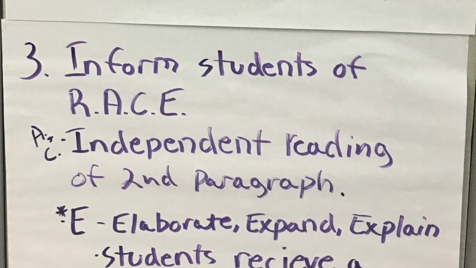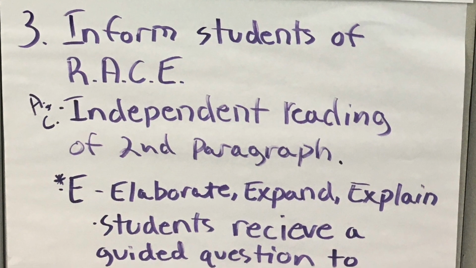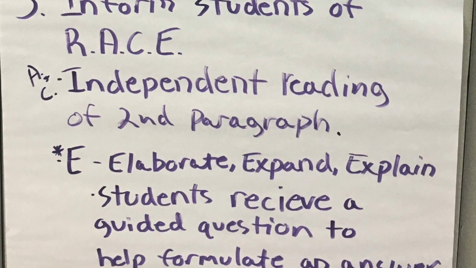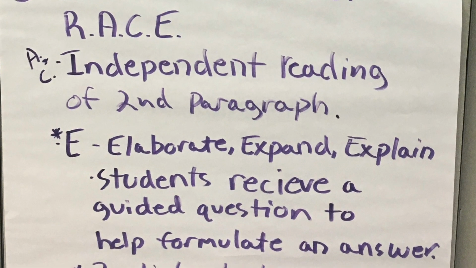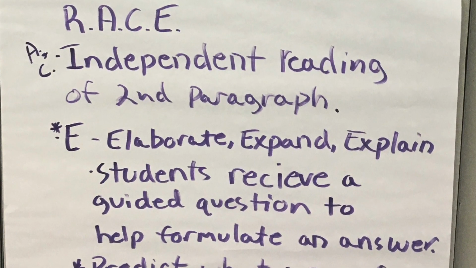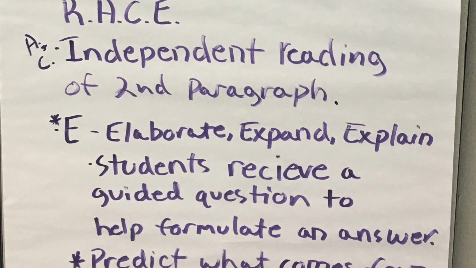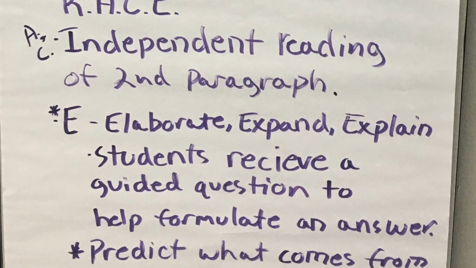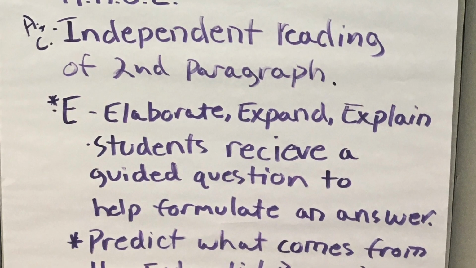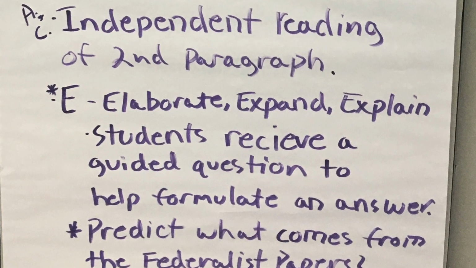Getting into the A and C, we inform the students, okay, now let's go off and do our RACE strategy independently, reading the second paragraph. They know what they're doing because we modeled the first paragraph. And then at the end, for E, that's elaborate, expand, or explain.